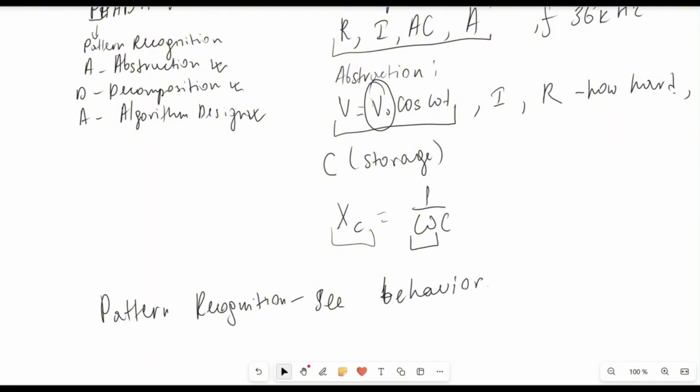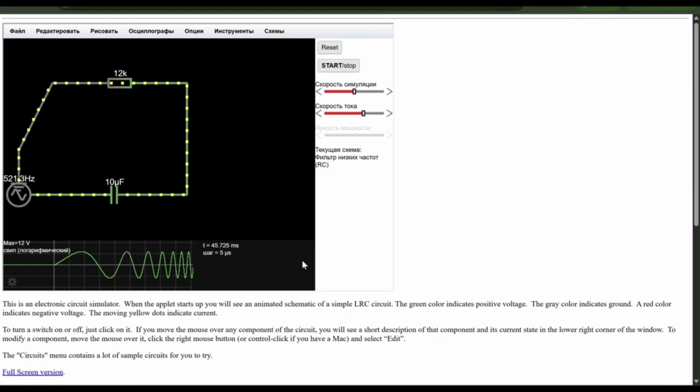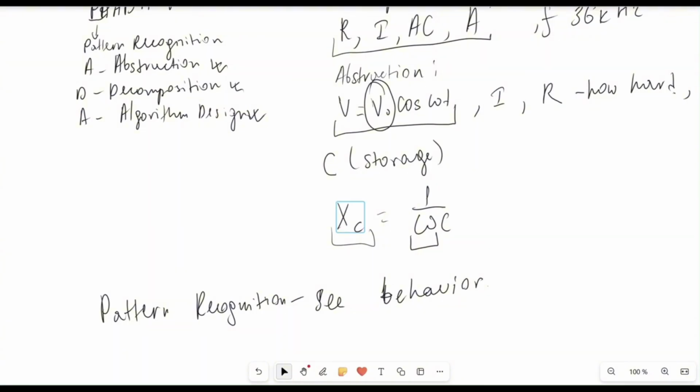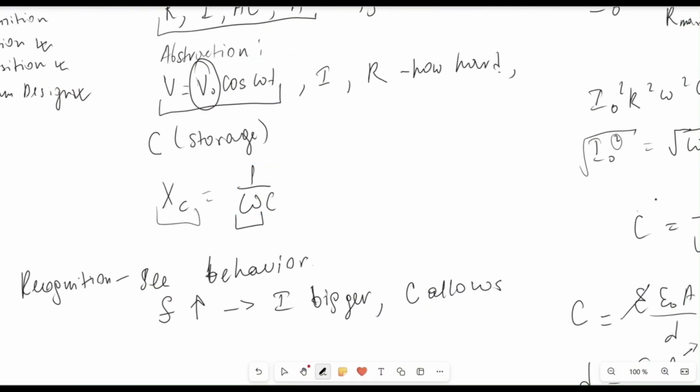Yeah. There is a very important pattern. When frequency is higher, our current is bigger. Capacitor allows more movements. Frequency is higher, current is bigger. Also, our capacitor allows more movements.